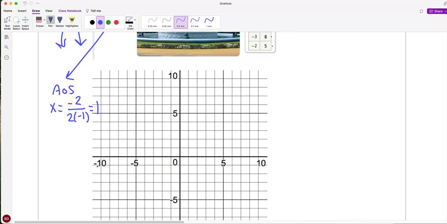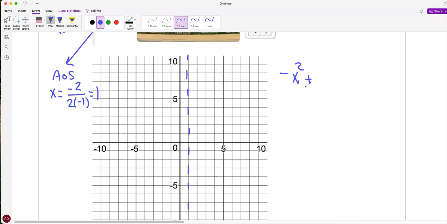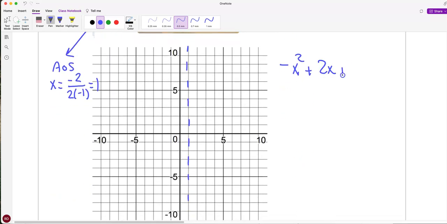So the axis of symmetry is going to be at 1. And now to find the vertex, so -x² + 2x + 8. So this is my function.